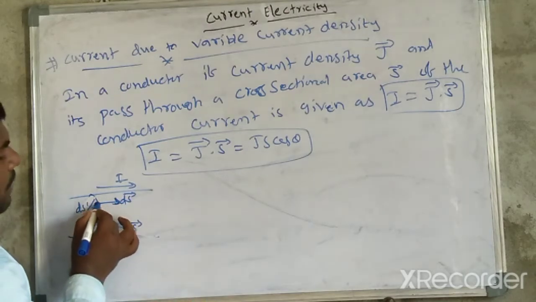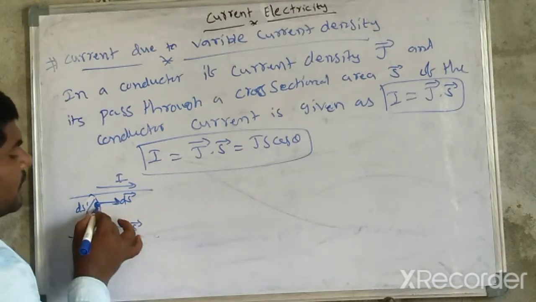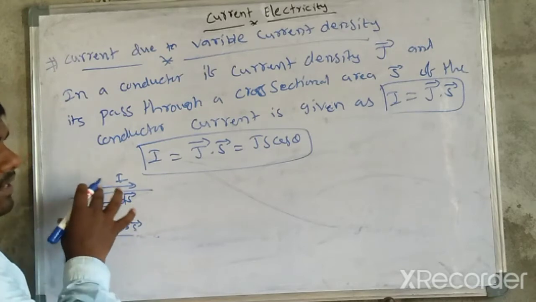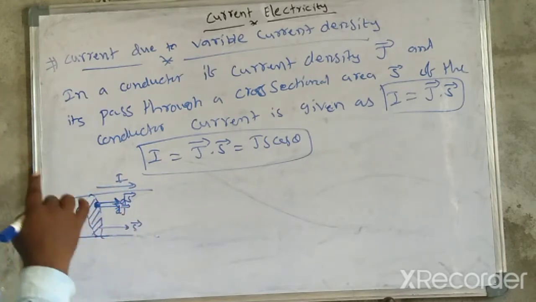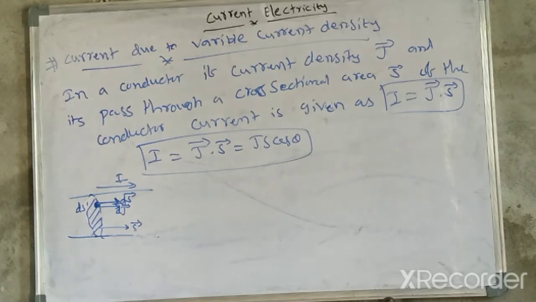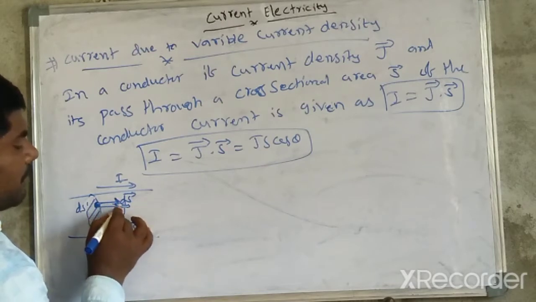Here the normal to the surface is the ds direction. Here the small elemental current density dj bar is in the same direction, so both are in the same direction. The angle between ds bar and dj bar is not j, this is the j bar only.